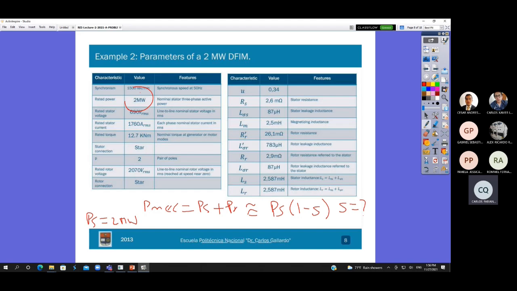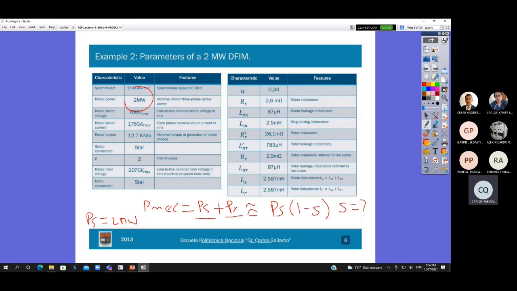Okay, so in this case, the rated active power is associated with the total rated power, so this is the stator plus the rotor. This point is located at the maximum allowed slip at the hypersynchronous.